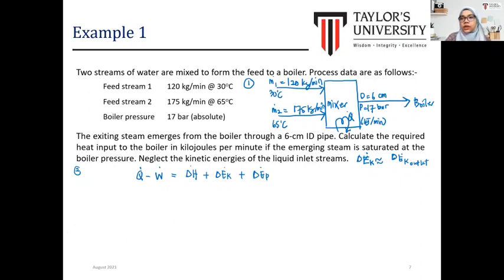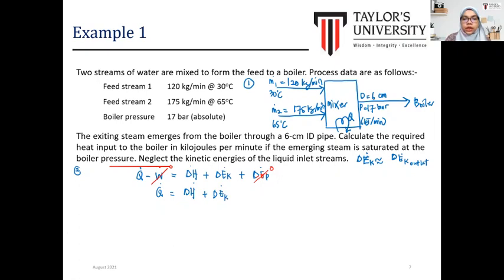Since this is a mixture, there is no moving part here, so we can ignore the work. And also we don't have potential energy. So it can be simplified to Q equal to delta H plus delta kinetic energy.